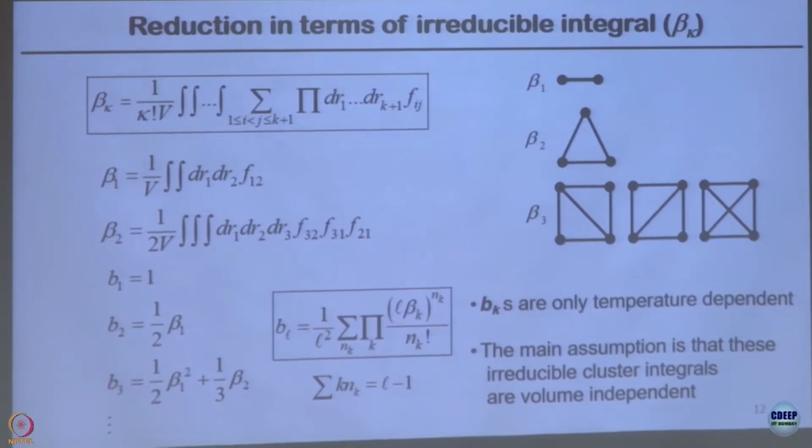That turned out to be a very important limitation in this theory, which made the theory more questionable at high density. Okay. So, I will not spend too much time on this. If I want to do it, I will do it later, but right now I am going to do something else. So this is the irreducible cluster integral.